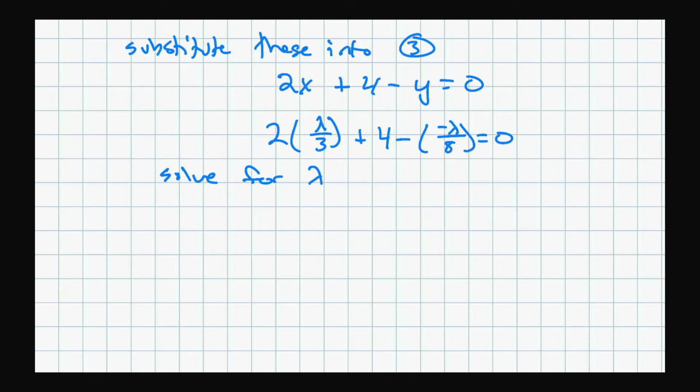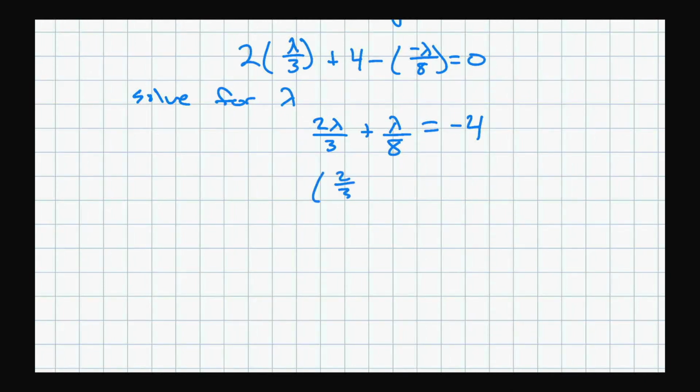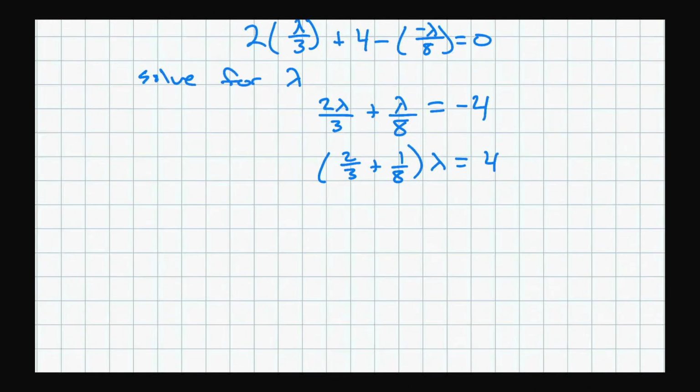So you have 2 lambda over 3 plus lambda over 8. I'm just taking the negative of negative lambda over 8. That's a 4, and I'm going to move that over to the other side as a negative 4. Then you've got 2/3 lambda plus lambda over 8. If I do 2/3 plus 1/8 times lambda equals 4, I'm doing 2/3 plus 1/8 on my calculator. It is 19 over 24.